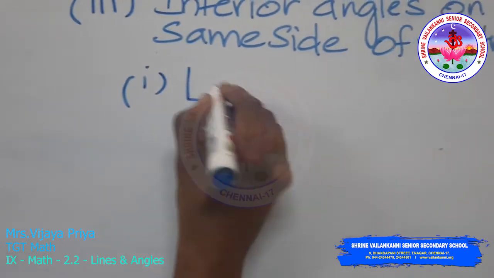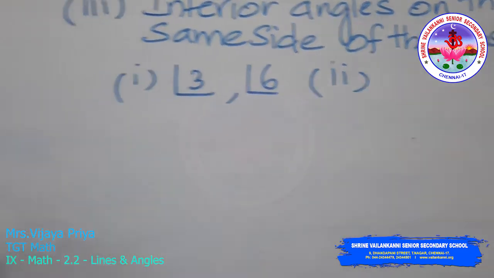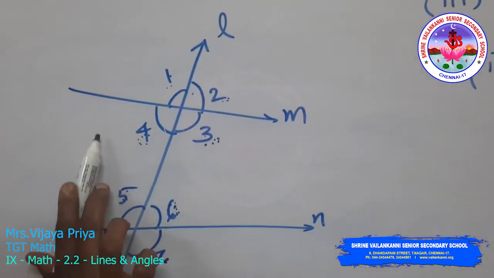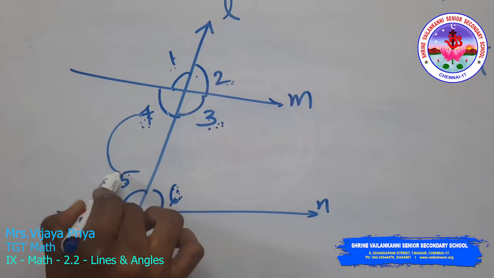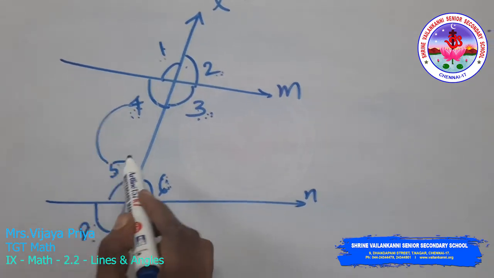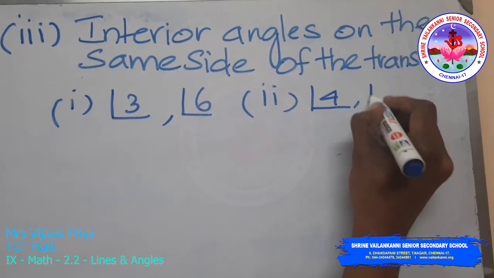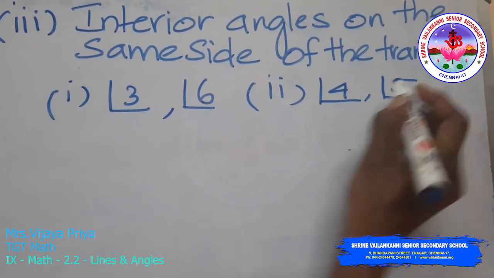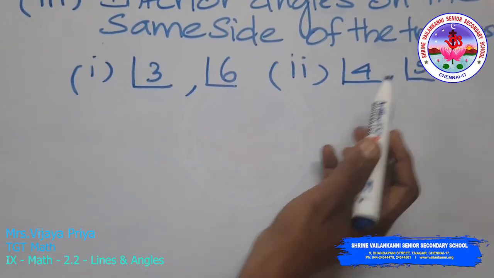Now when I move to the next side, my interior angles on the same side of the transversal will be angle 4 and angle 5. So I have two pairs here: 3, 6 and 4, 5.